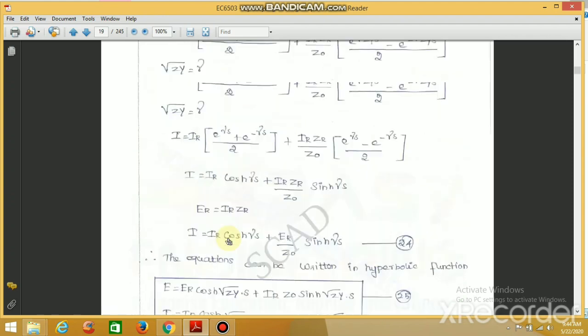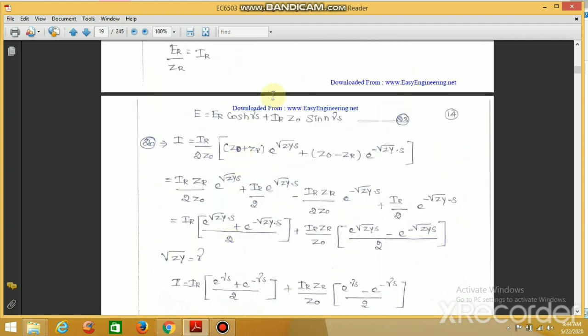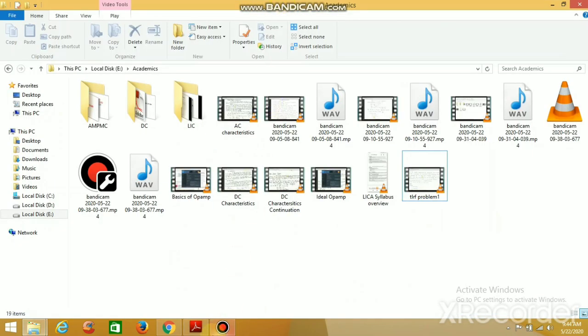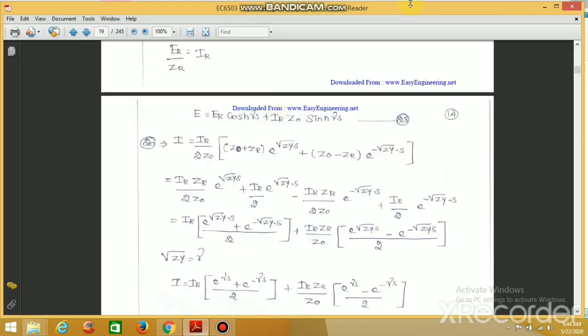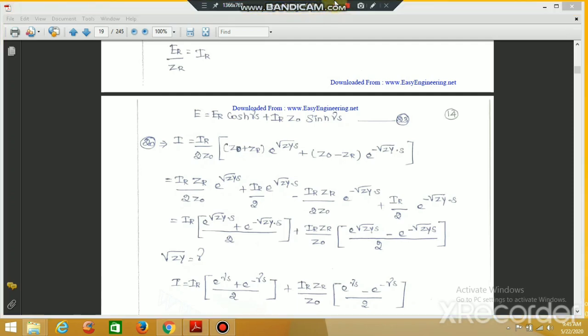That is enough. With this, the general solution for the transmission line is over. I am once again repeating, this is a very important question, and it has been repeatedly asked in the university examinations. So prepare this question well, and you will be able to score more marks in the examination.